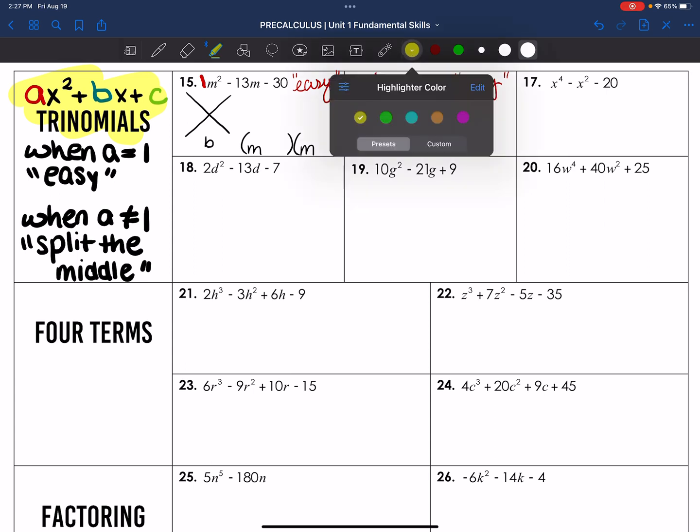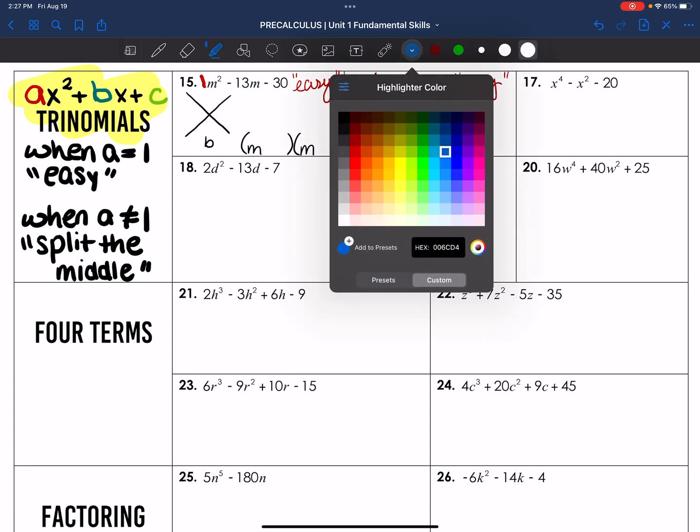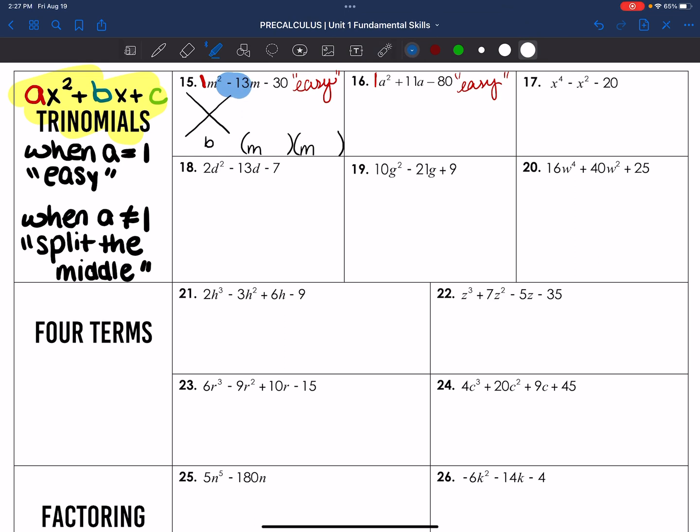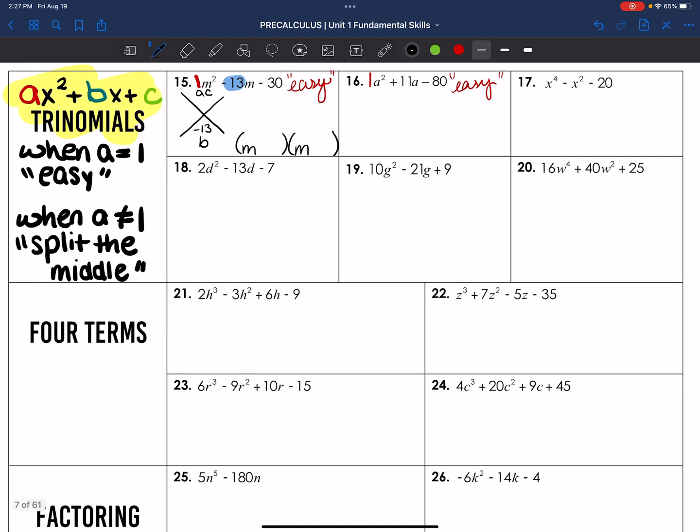That b value is the negative 13. That's our b, so we'll go ahead and put that in the bottom, negative 13. And then in the top is a times c. Our a value, which we already identified was a 1, times our c value, which is our constant, negative 30.